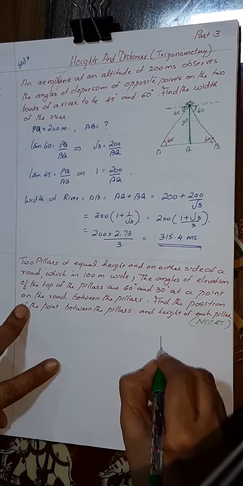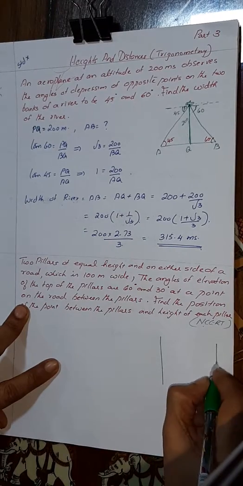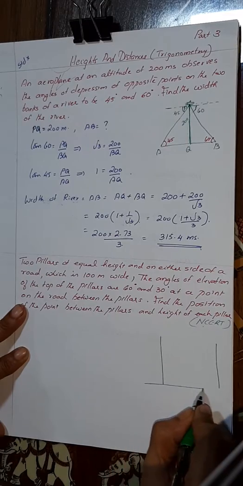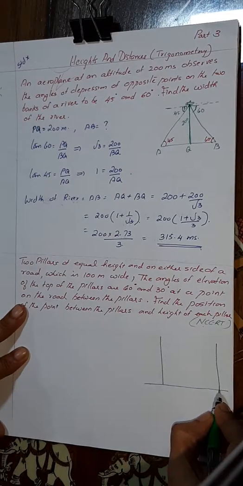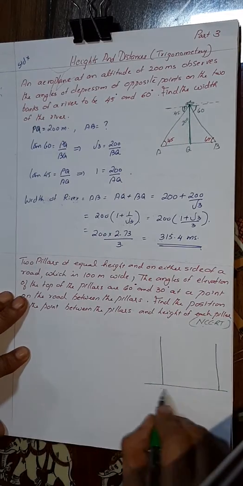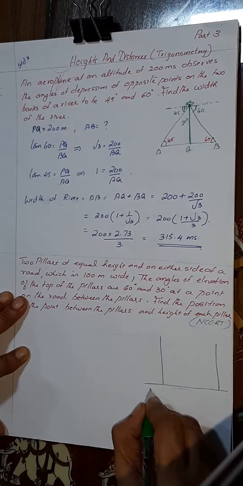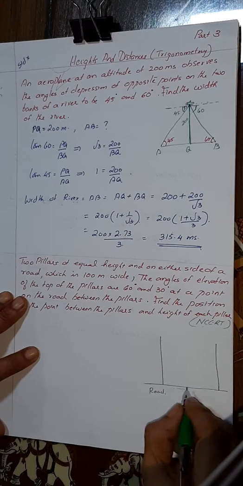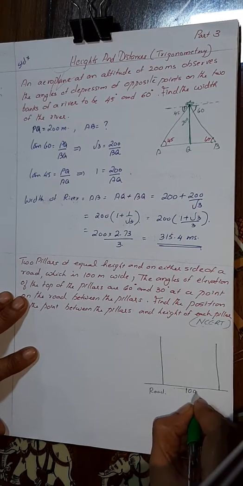So let these be the pillars. This is the ground. This is the road. And the pillars are at 100 meters wide. So this is 100 meters.